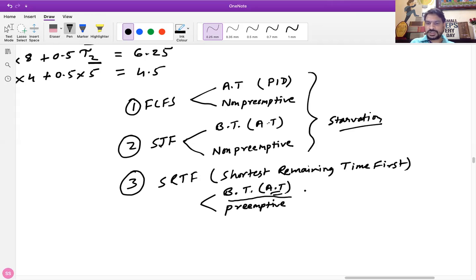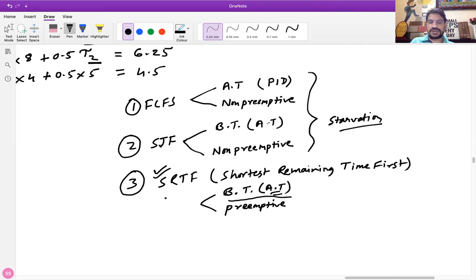Without execution of that process, we cannot find the exact burst time. But this exponential averaging algorithm will give you some sort of approximate burst time for any process.